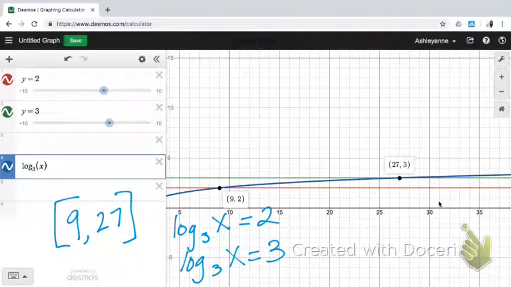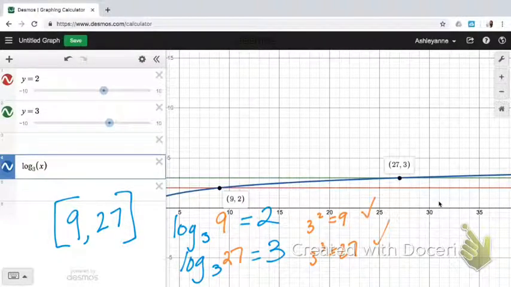When I'm setting them equal to each other, my calculator tells me that this is 9 and this is 27. Does that make sense? Yes. Why does that make sense? Because that's when you split them, and you get 3 squared is equal to 9, 3 cubed equals 27. Perfect, because 3 squared equals 9 and 3 cubed equals 27. So that checks out.